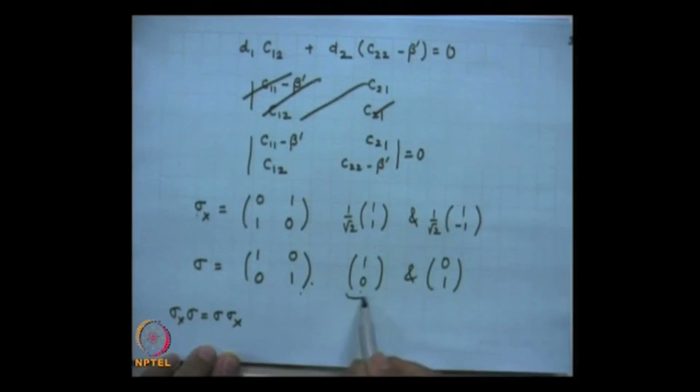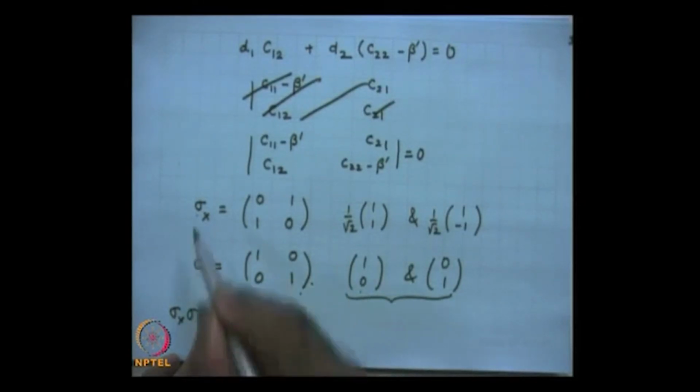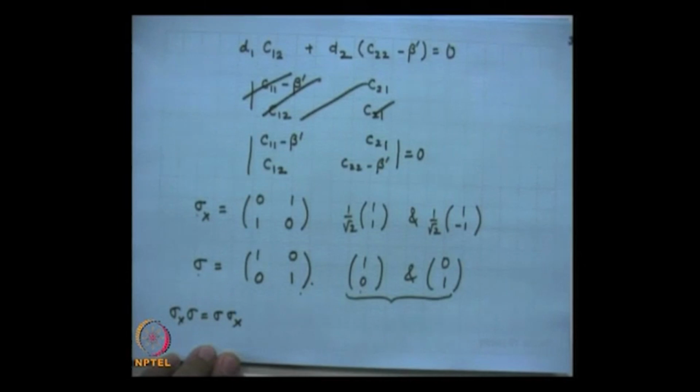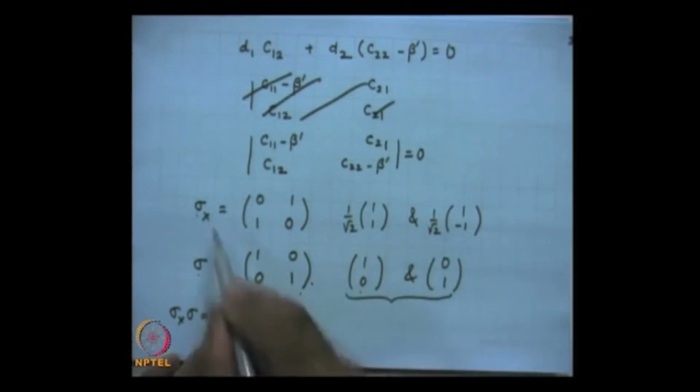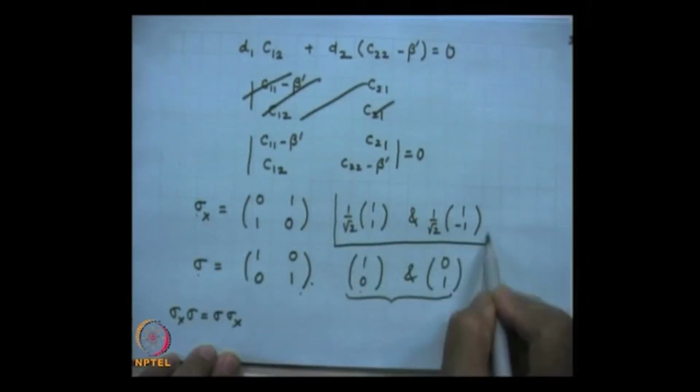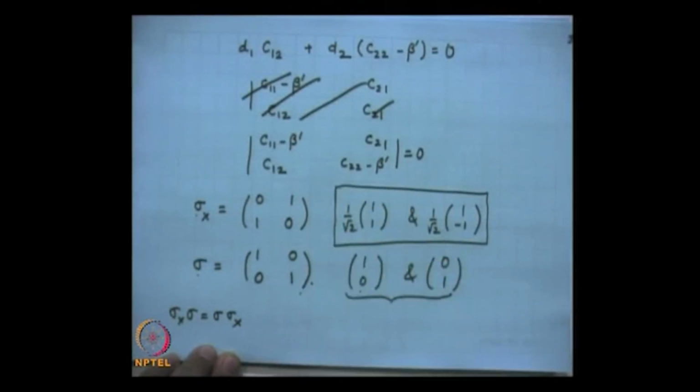But I can always choose a linear combination which are simultaneous eigenkets of sigma and sigma x, and that linear combination in this particular case is this. These are the two orthonormal vectors which are simultaneous eigenvectors of sigma x and sigma.